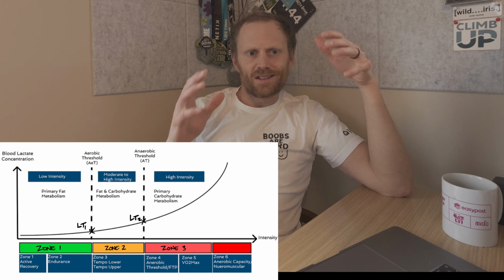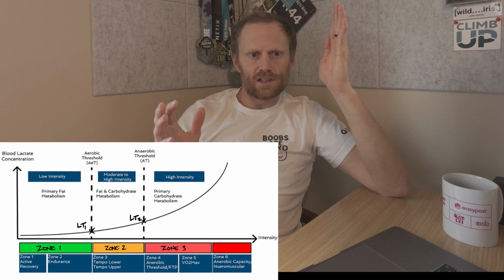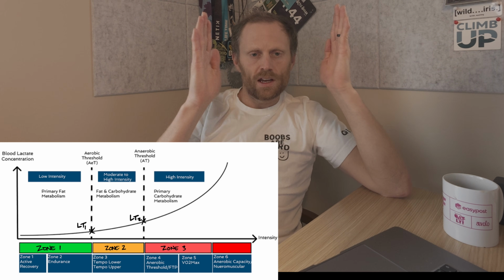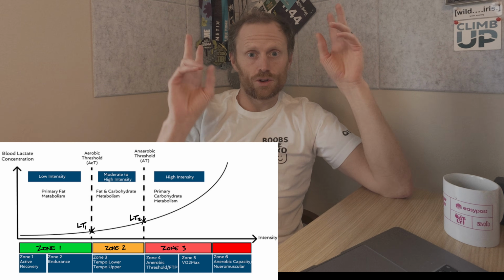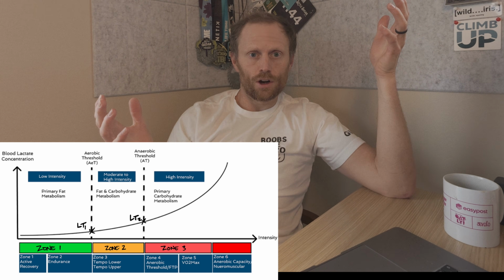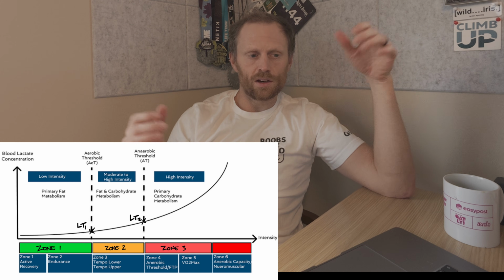Simple: zone 1, 2, 3, or easy, medium, hard. The 5 and 7 zone models simply divide the space between LT1 and LT2 into subsequent chunks. This is your tempo, sweet spot, and threshold zones, which is useful for coaching and planning and better understanding what you might be stimulating in your workout.